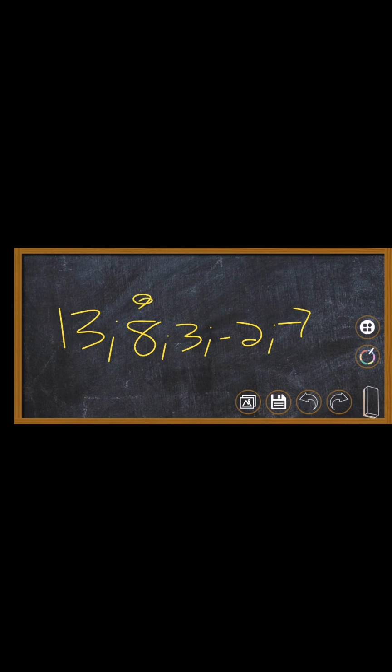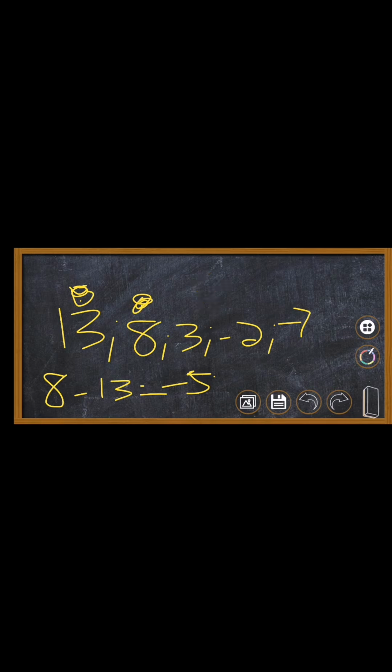We take the second term and we minus from that. So we're going to say 8 minus 13, and we get -5. So that's our difference. But let's double check, because sometimes we can add -5 to 13 and we get 8. But when we add -5 again, we don't get 3. So let's double check, and we say 8.